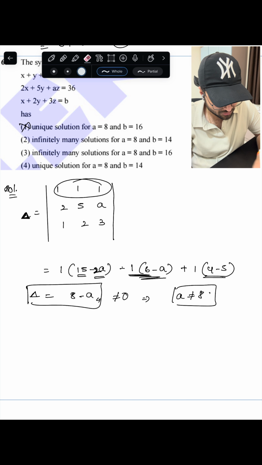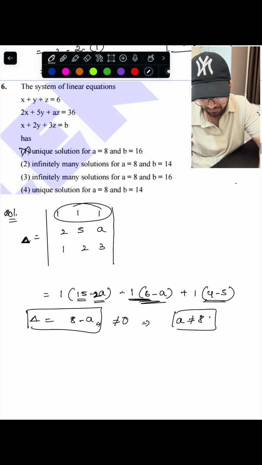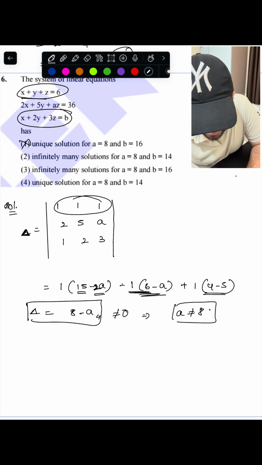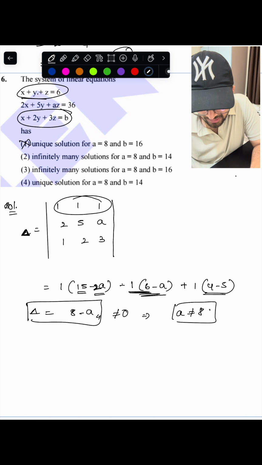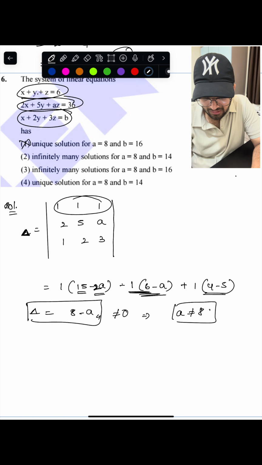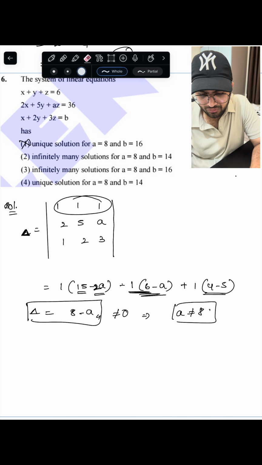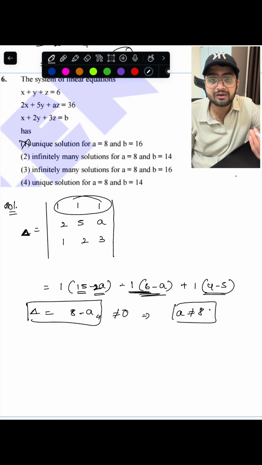So I will tell you one of the best methods to solve this, a shortcut. Here, if you see this plane and this plane, the direction ratios are not parallel, and these are also not parallel. So let us assume they are forming a family of planes.